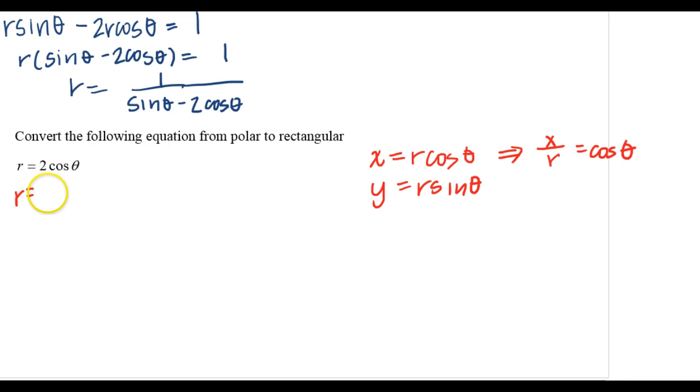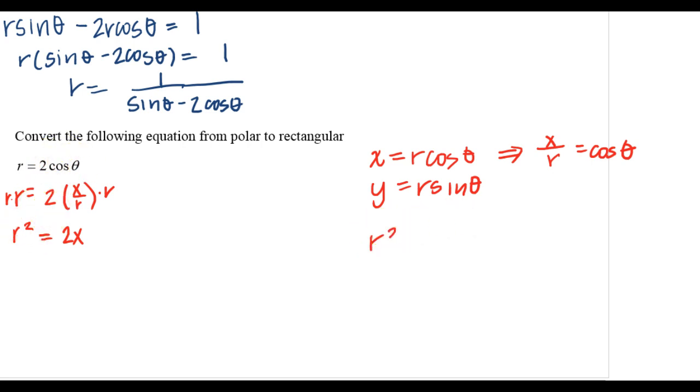So I have r equals 2, and I'm going to replace my cosine with x over r. Now I'm going to multiply both sides by r. So the left side is r squared and the right side is 2x.